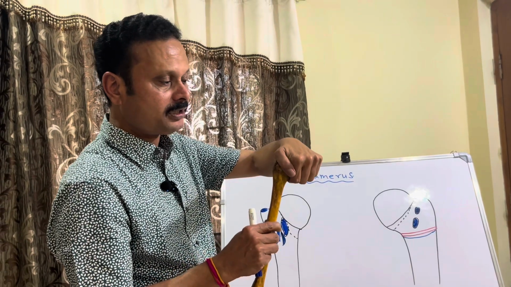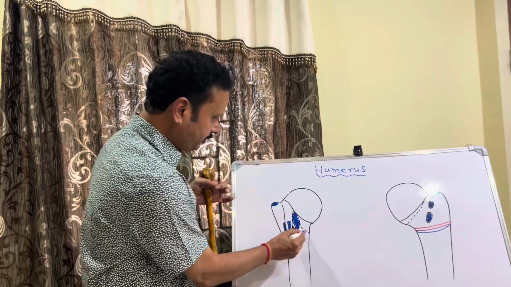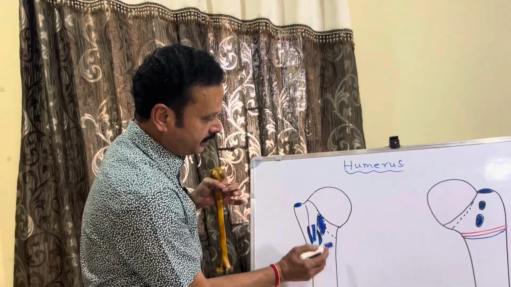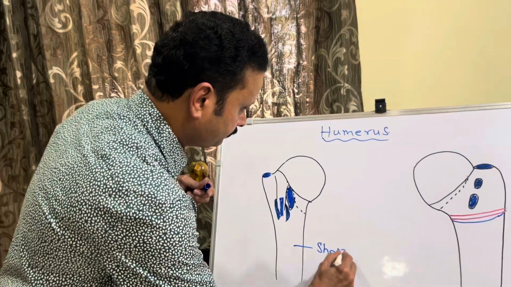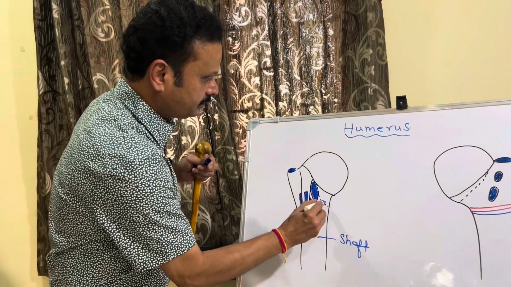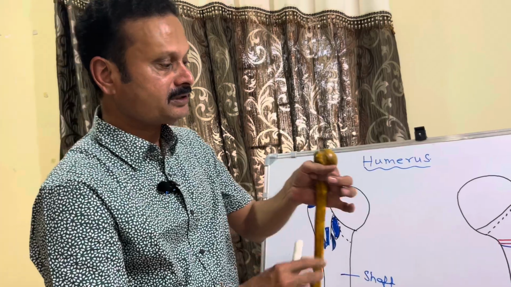Now when I have talked about the anatomical neck, I want to say one more neck, that means the junction between the upper end and shaft. If I say this is the shaft, this is the upper end, so this junction between upper end and the shaft is called the surgical neck.